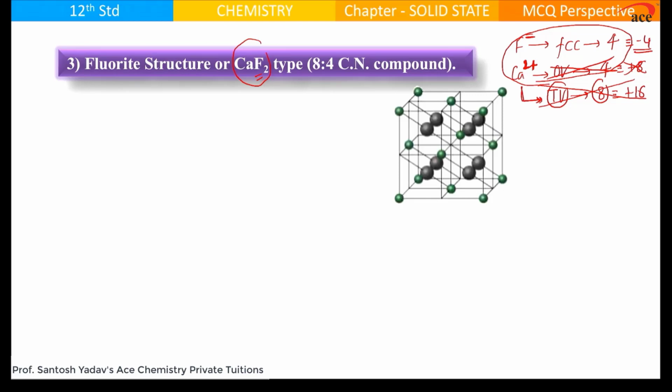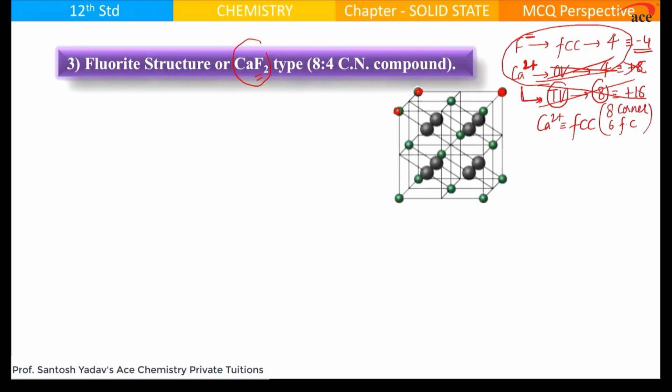That means now you have to have a unique other way of understanding. So, here we reverse our understanding and we imagine that calcium makes up the FCC. When I say calcium occupies FCC, that means it makes up 8 corners and 6 face centers as shown in the diagram.